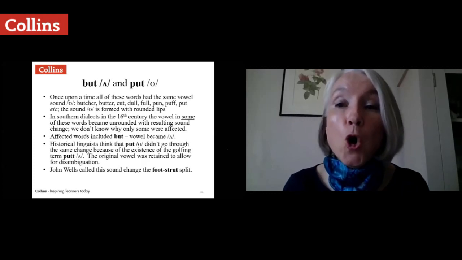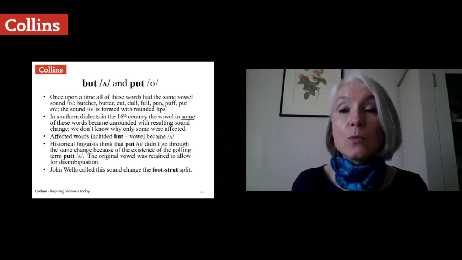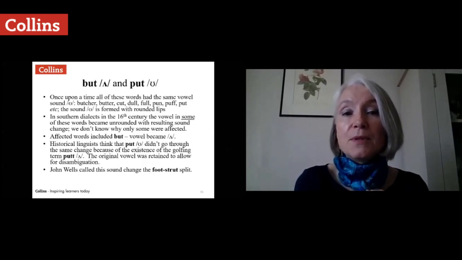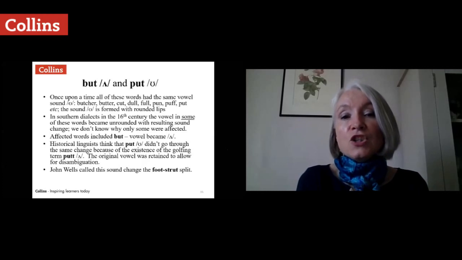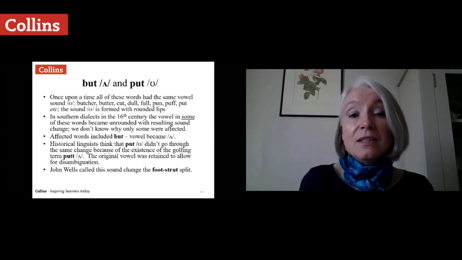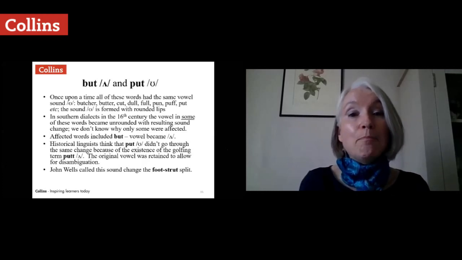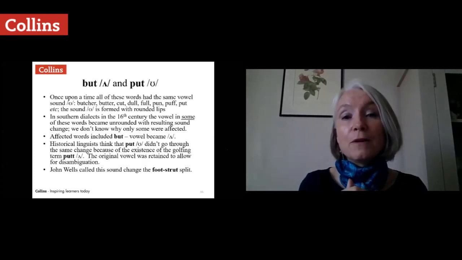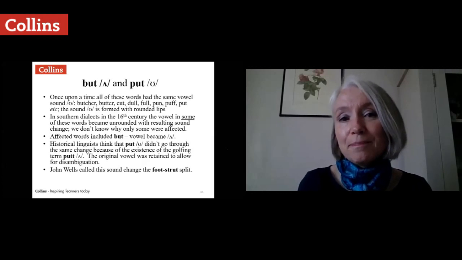So we went from the rounded vowel to a different one. Okay, so we're no longer making a very rounded shape with our lips. So affected words included but and butter and cut and pun and puff, but not put.